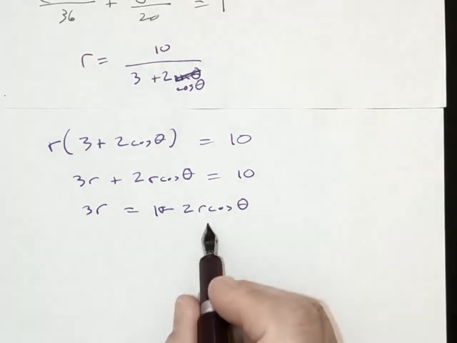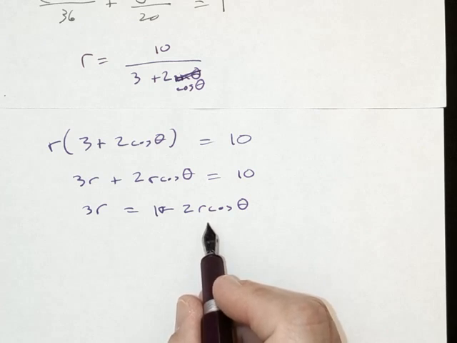What's r cosine theta? Sorry, I didn't hear you. Polar to Cartesian.